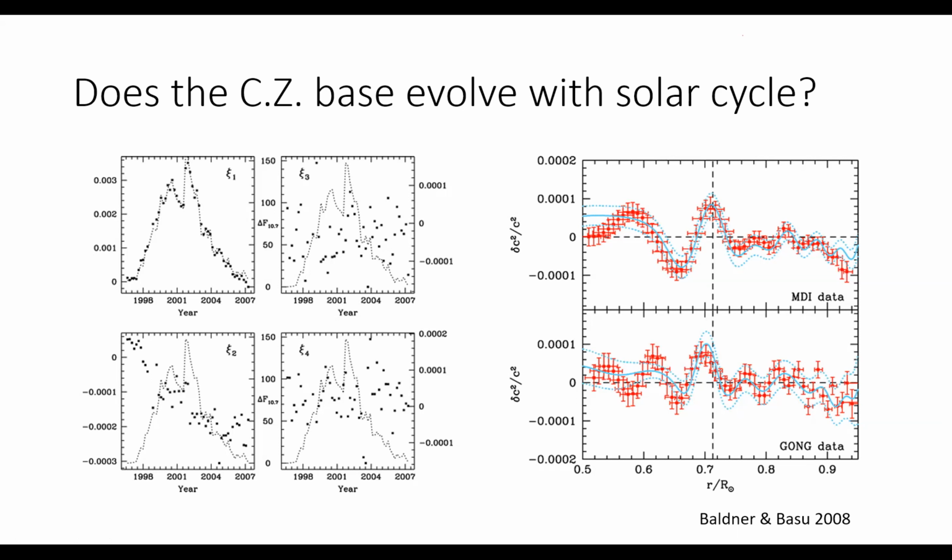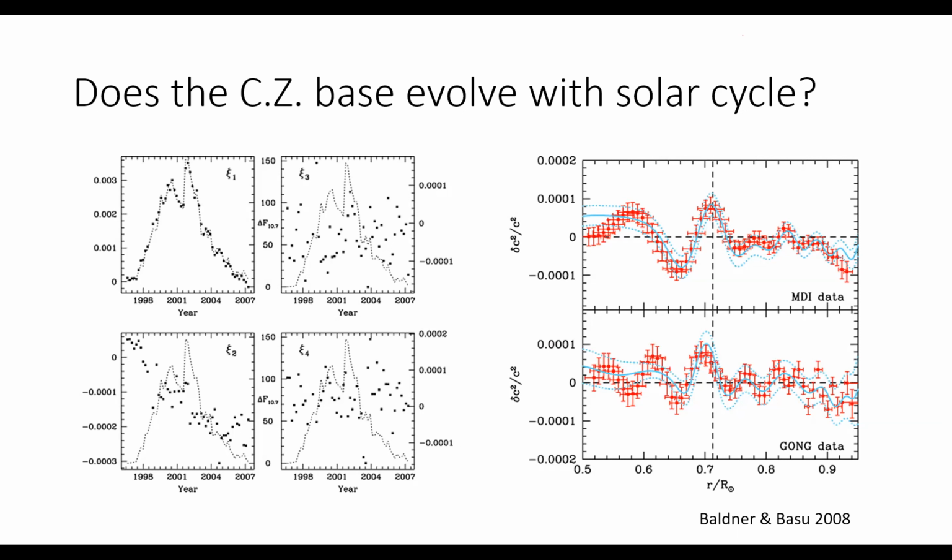And that change is very tightly correlated with surface activity. That's this panel here. In terms of what that means physically, does that mean that there is a slight shift in the base of the convection zone, or that there is some kind of thermal perturbation, or what? That I don't know. Okay, so it could have several interpretations. Yes.